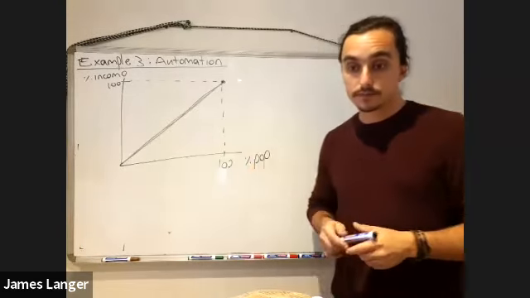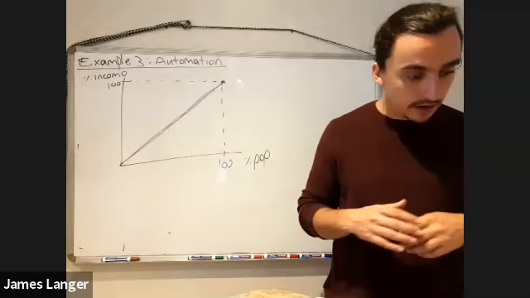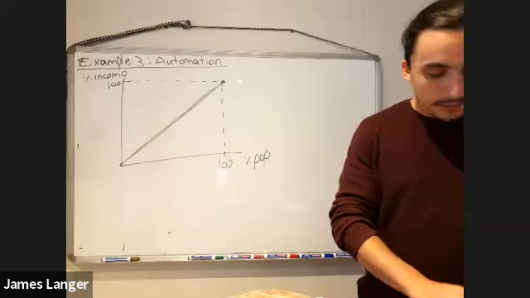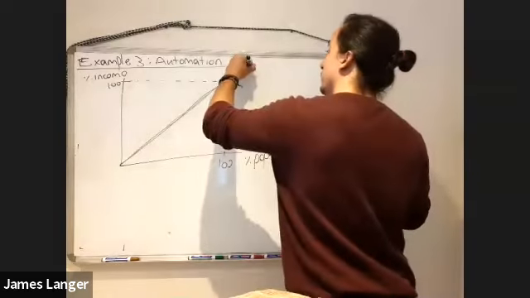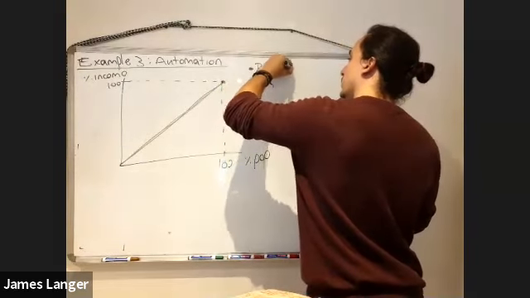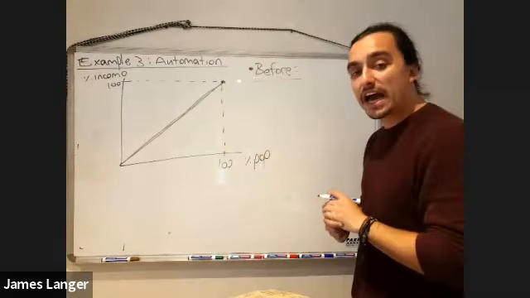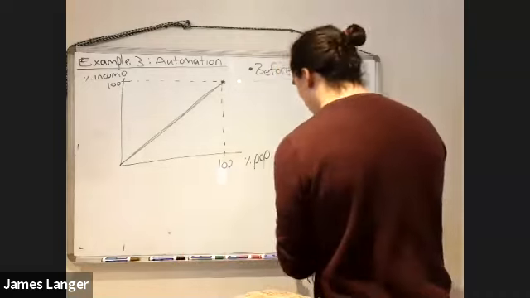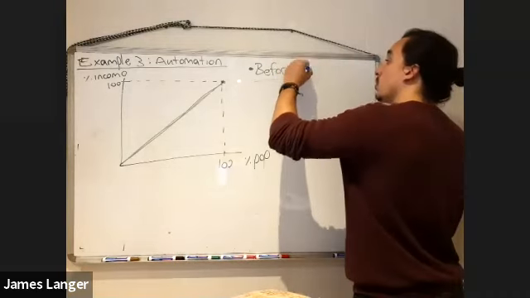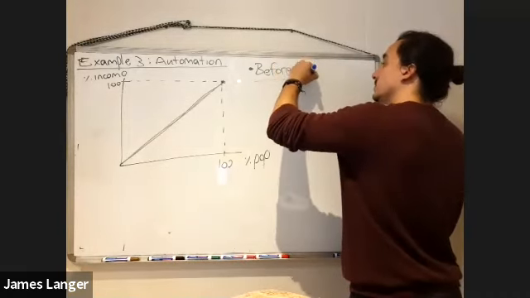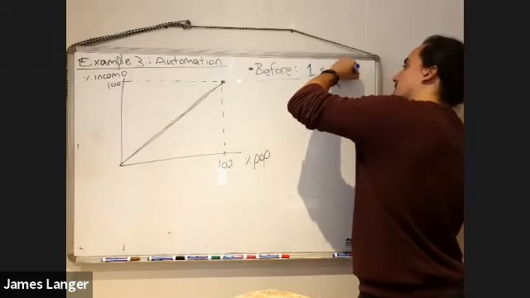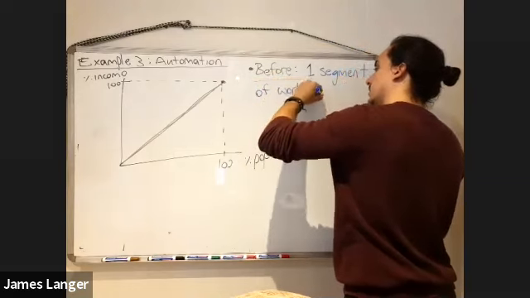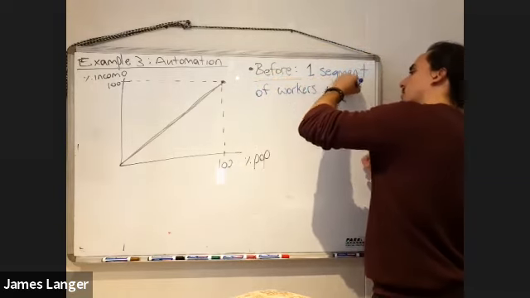Okay, so what we're going to be doing here is setting up a situation where, before we had automation, in our very basic example, all we have is one segment of workers, plus our owners.